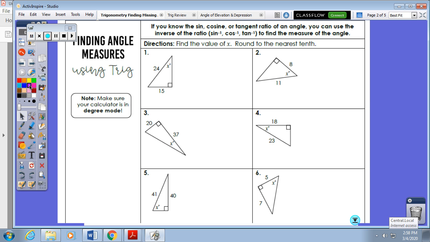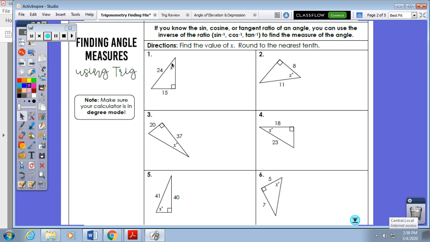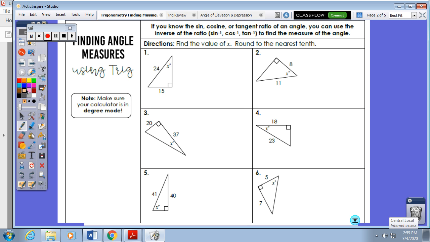So what we're going to do, as we've been doing here, is label opposite, adjacent, hypotenuse. So again, this is the opposite side, it's opposite the angle. The leg that's adjacent is the adjacent side, and then I have the hypotenuse. Then I'm going to use SOHCAHTOA and decide if I'm using sine, cosine, or tangent here.